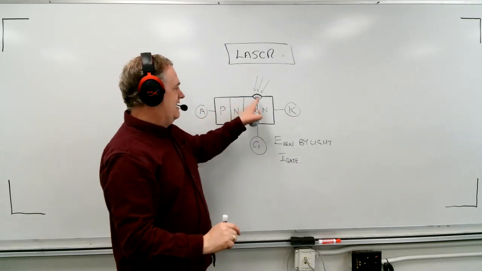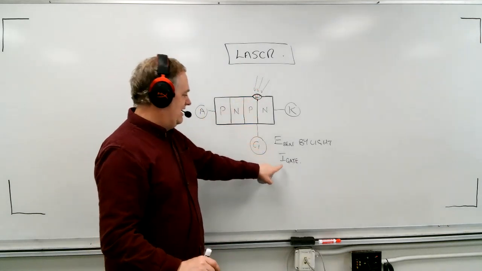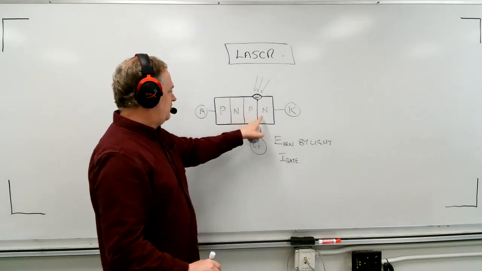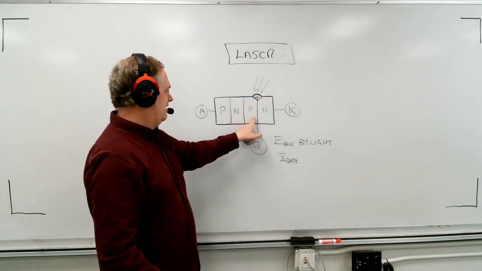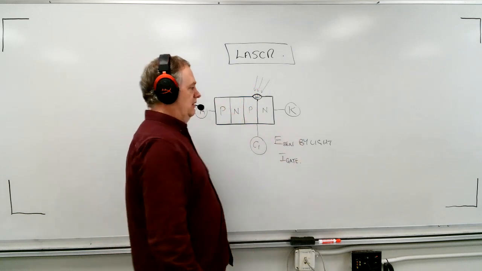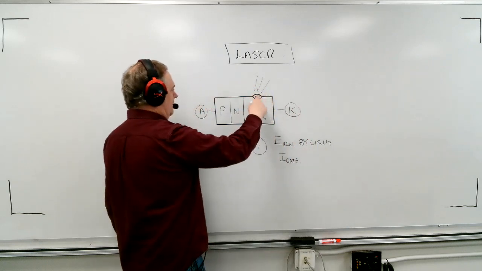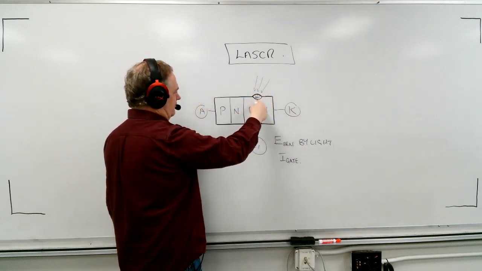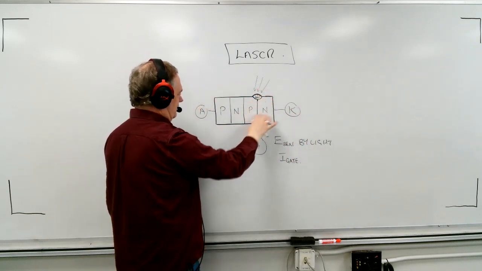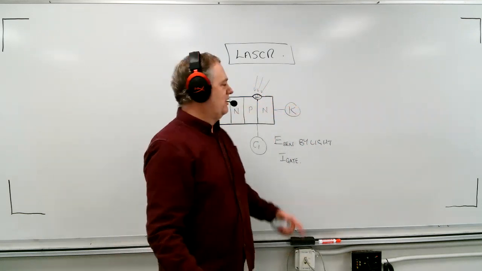And as soon as we get enough voltage to give us enough gate current that it meets the requirements of this gate, then this thing is going to fire into conduction. And after that, it's going to latch on and it'll stay on until this current falls below its holding level.